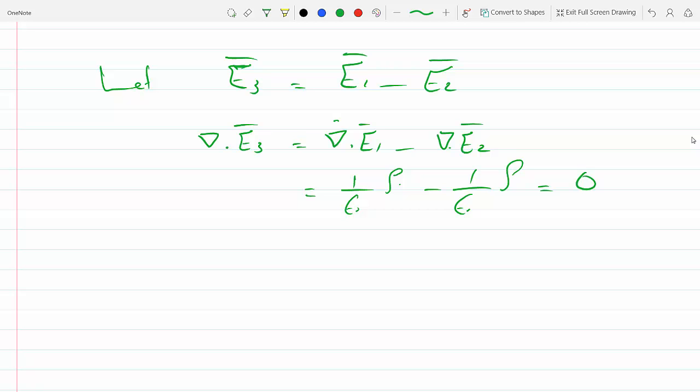And so in any region between the conductors, you'd have to have E3 dot dA equaling 0.